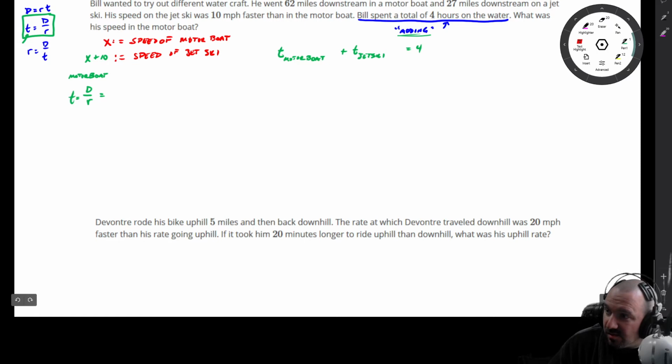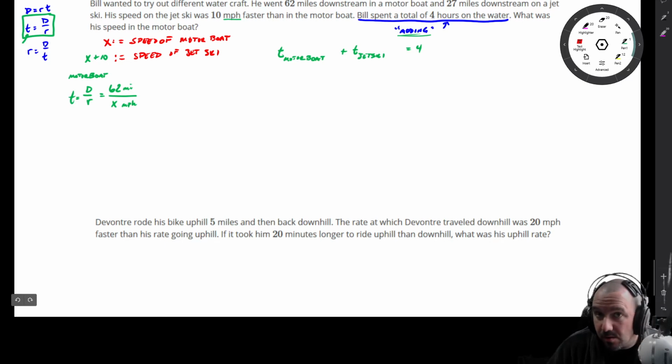So the distance of the motorboat: he went 62 miles downstream in a motorboat. So the distance was 62, and it's 62 miles. I'm going to put that here. The rate of the motorboat, and we are adding 10 to it, so our rate is in miles per hour. So this is going to be x, but it's going to be in miles per hour.